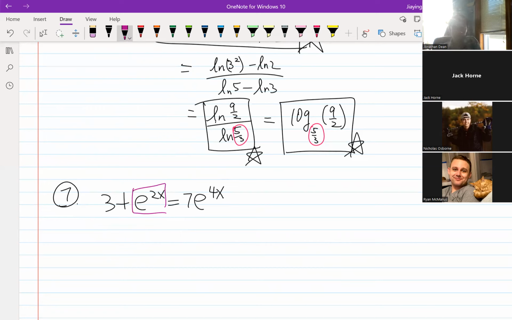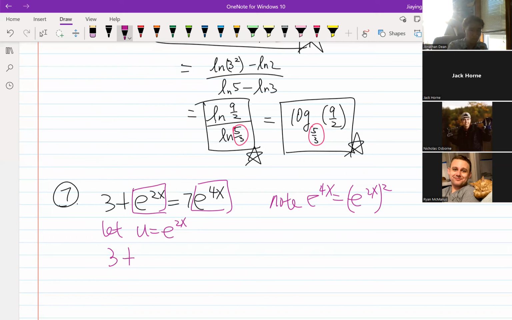Note that here we have e to the 2x, but here we have e to the 4x. And note e to the 4x is actually e to the 2x squared. So what we're going to do is let u equal e to the 2x, and I'm going to rewrite the equation above.